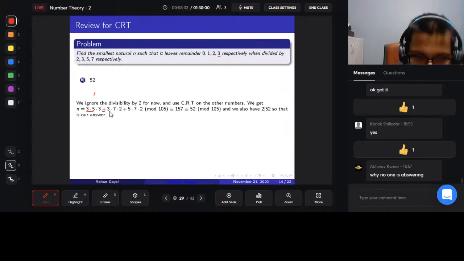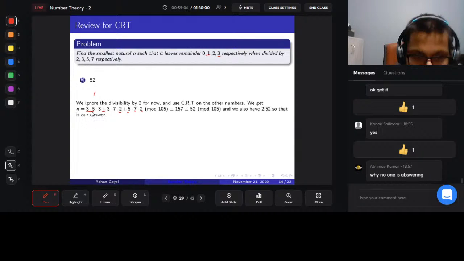Now we'll check for 5. 3 into 7 is already congruent to 1 mod 5. So we don't need to add any inverse here to make this 1. And we want the congruence to be 2, so we add a 2. Now 5 into 7 is congruent to 2 mod 3, and we want to find its inverse, which is 2. So we get the inverse as 2. Now we get the number as 1, and that's what we wanted.